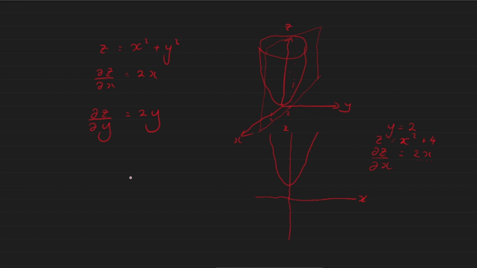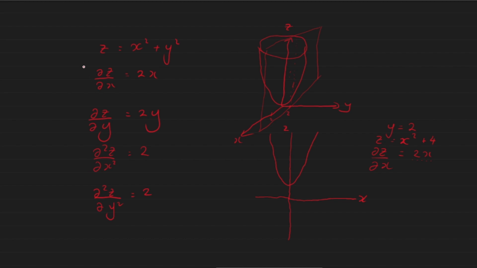So if we continue with this example, then we can take the second derivative, ∂²z/∂x². If we find the second derivative, we see that this is just equal to 2. Of course, the derivative of x is just 1. And then we find the derivative of z with respect to y, and that's equal to 2 as well.